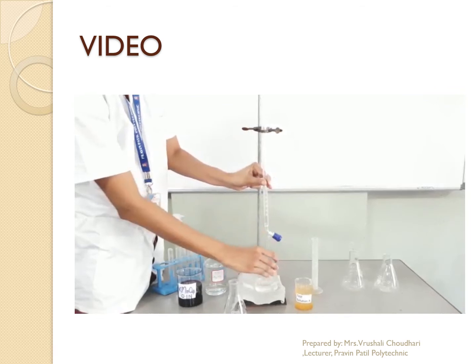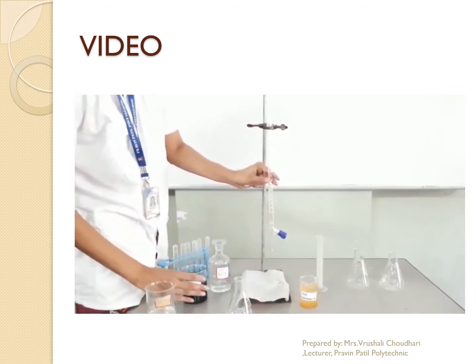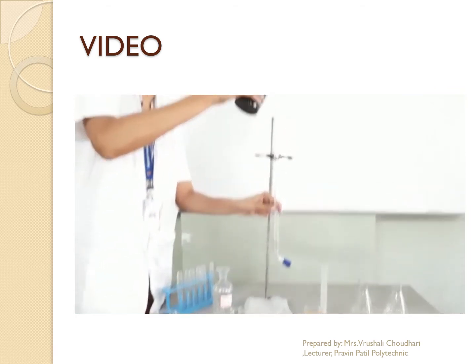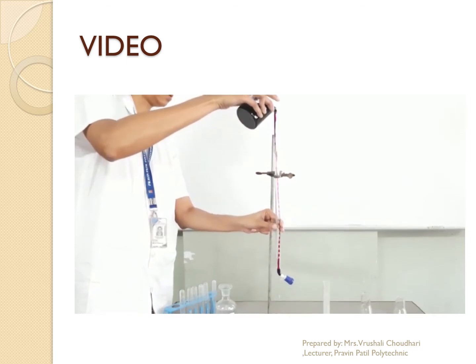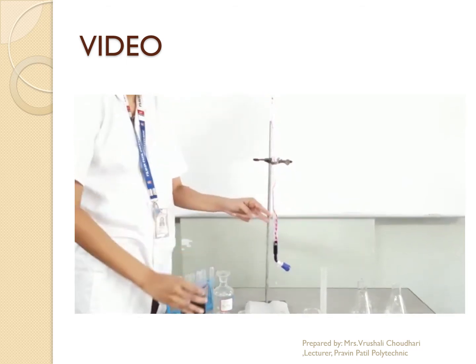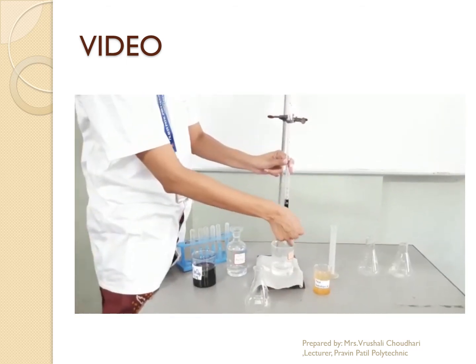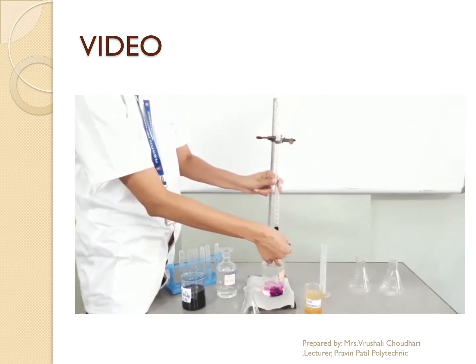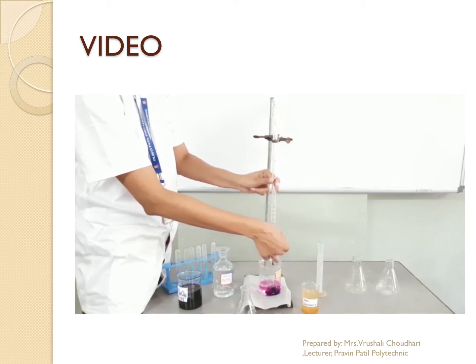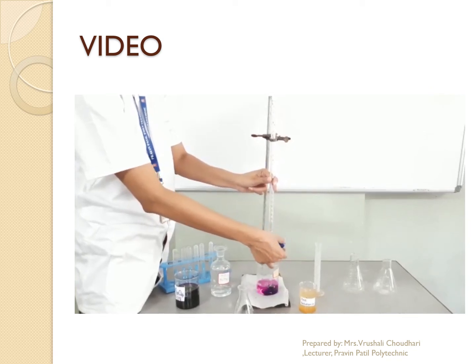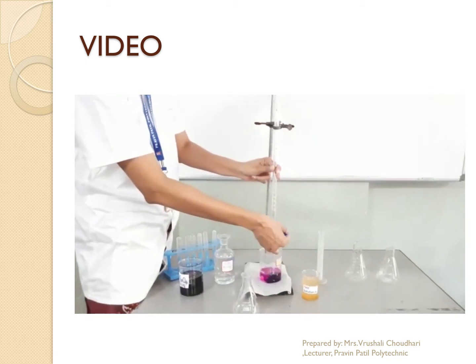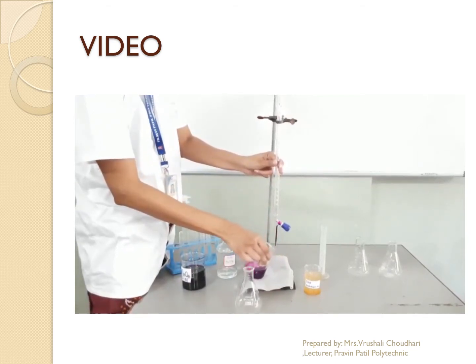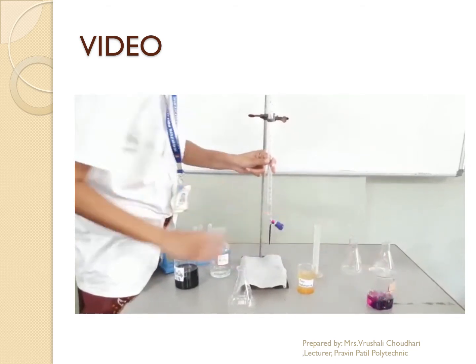Close the knob. Fill your burette with KMnO4. We are going to rinse the burette with KMnO4 to remove whatever water remains behind. This is the wastage water. Take out that water.